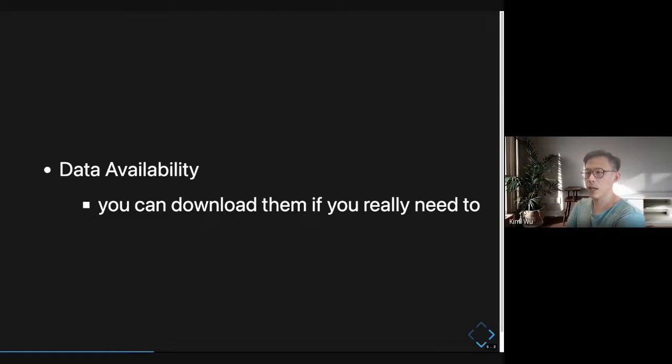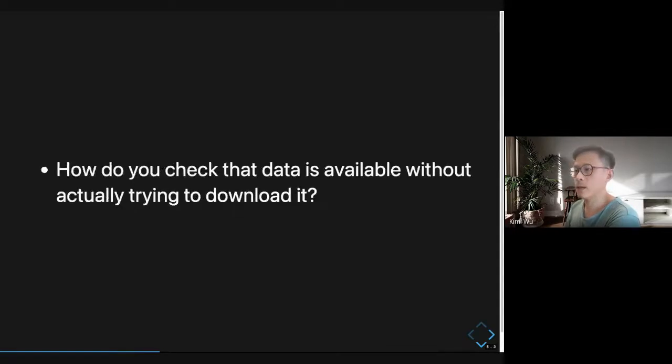So this is DA. If you have data availability, you are able to prove something. And then the first question is, how do you check data is available without really downloading it?